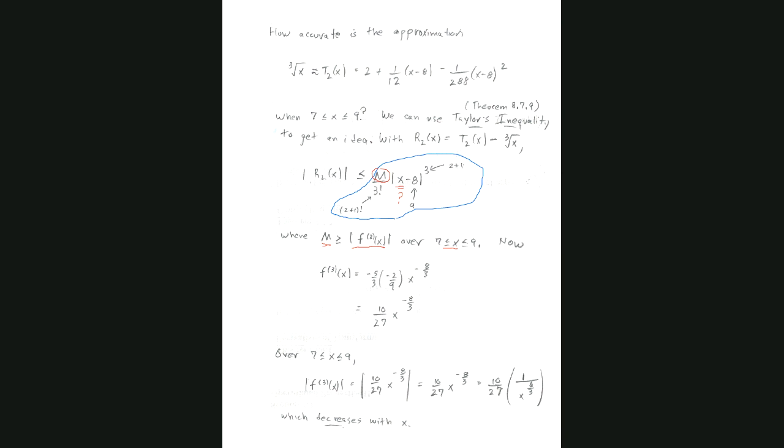So now you have to compute the third derivative, which isn't hard. What I did was I took the derivative of the second derivative. Like in the video, if you go back you'll see the second derivative, I took the derivative of that function and got this.